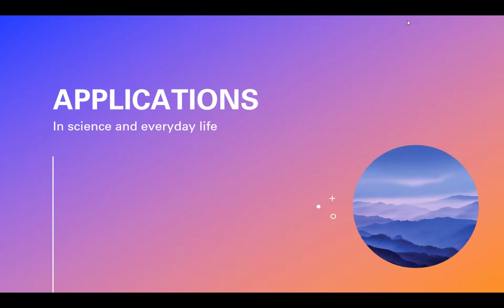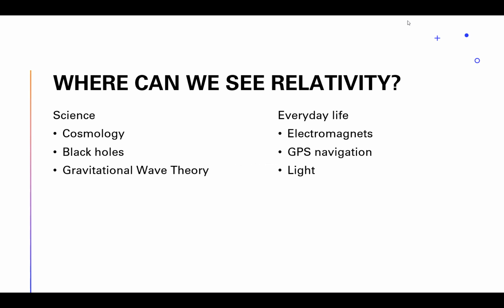So, before we get into equations, I just want to talk about how the general theory of relativity affects us day to day. Within the scientific field, it applies to basically all systems of space, including cosmology, black holes, and gravitational wave theory, among others. In our day-to-day life, however, things such as electromagnets, GPS navigation, and light are representative of the theory.